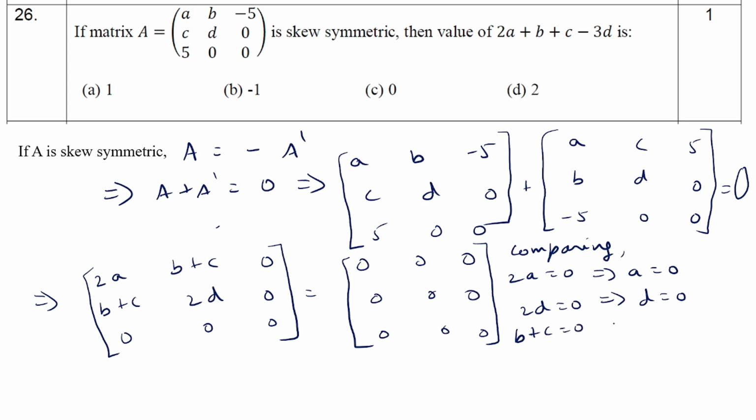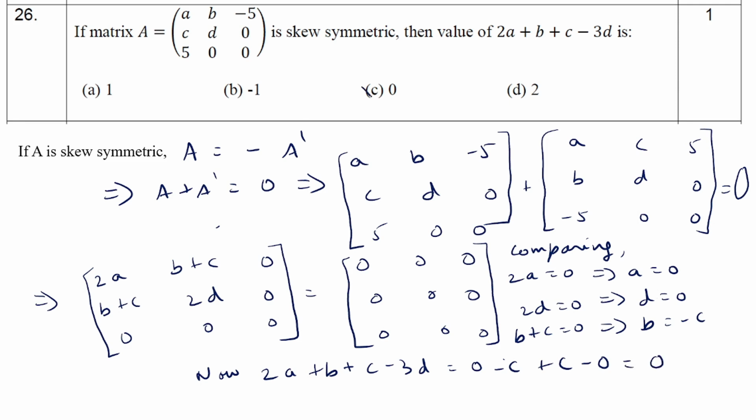B plus C equal to 0 means B equal to minus C. Now we are asked to find 2A plus B plus C minus 3D. So 2A plus B plus C minus 3D is equal to, since A is 0, 2 into 0 is 0, plus B, we have got minus C, so it is minus C plus C, minus 3 into D is again 0. So this is equal to 0.